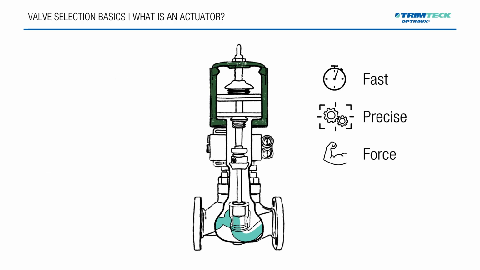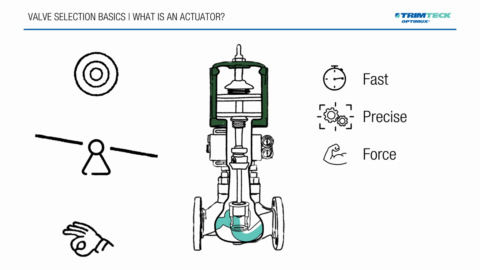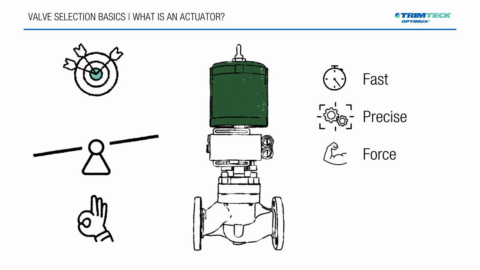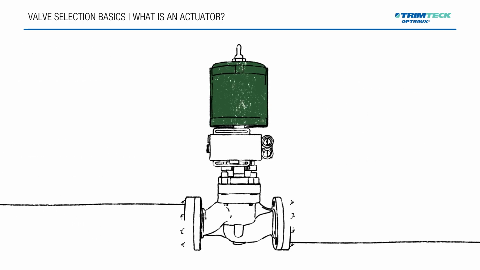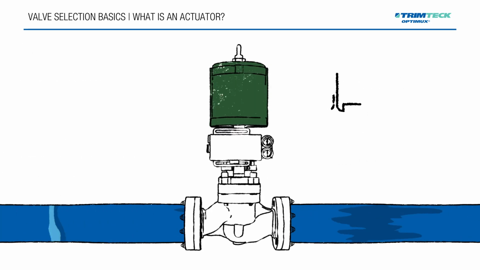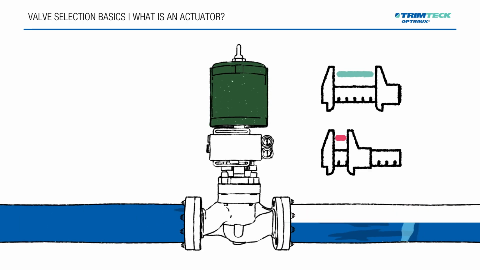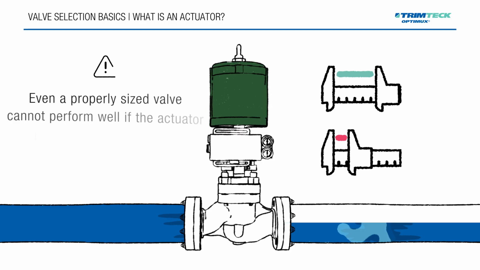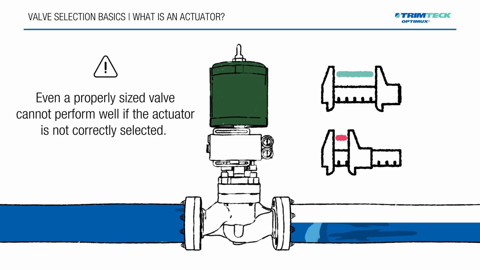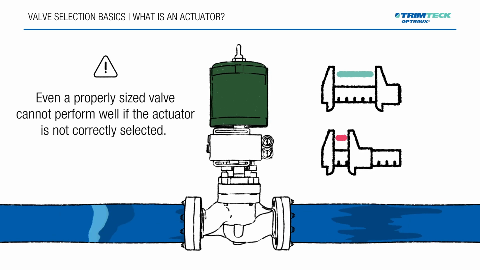Actuator performance directly impacts control accuracy, stability, and reliability. For example, actuator design affects rangeability, the ability of a valve to control both large and very small flows. Even a properly sized valve cannot perform well if the actuator is not correctly selected.